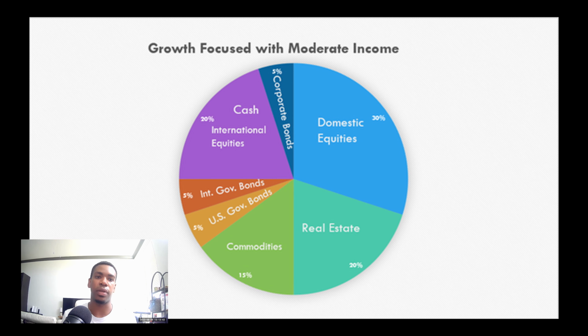This type of diversification allows the portfolio to continue to grow effectively in a bullish market while still providing a steady flow of regular income from all the asset classes. So in flat markets, the diversified mix of asset classes continues to provide income, while commodities and REITs may still provide capital growth during flat periods for equities.